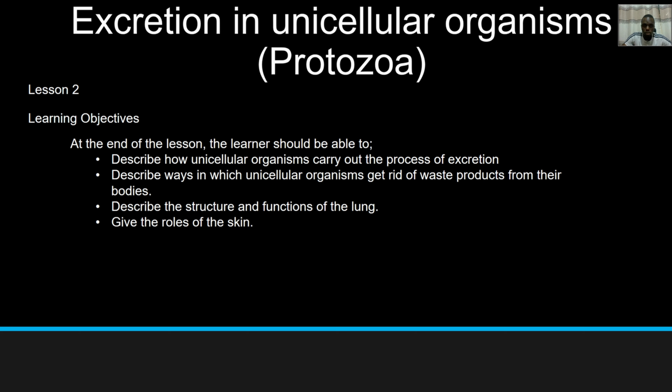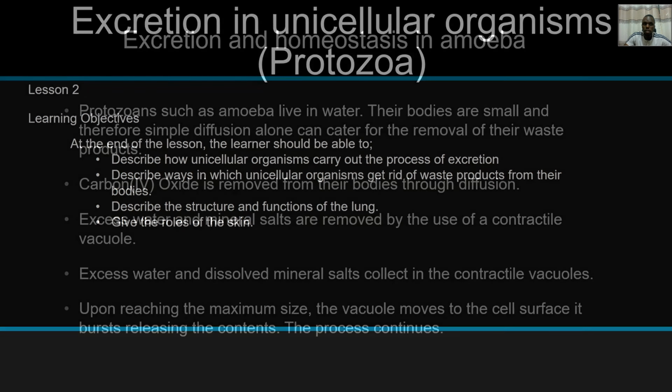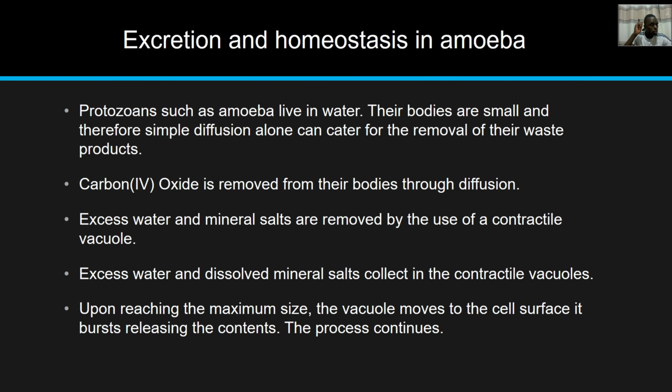At the end of the lesson, you should be able to describe how unicellular organisms carry out the process of excretion, and describe ways in which unicellular organisms get rid of waste products from their bodies. We'll look at that in detail, describe the structure and functions of the lung, and also give the role of the skin.